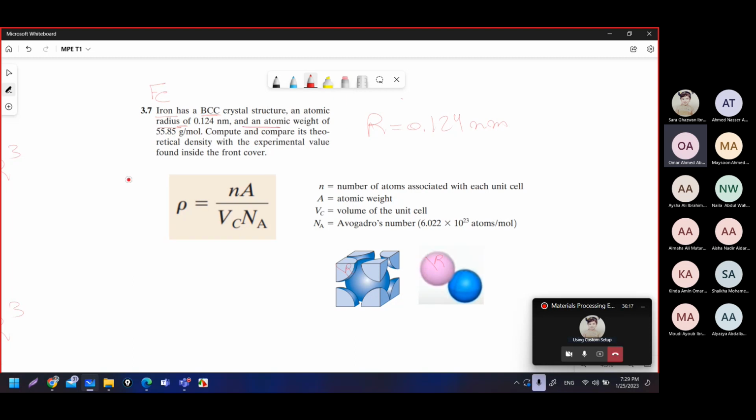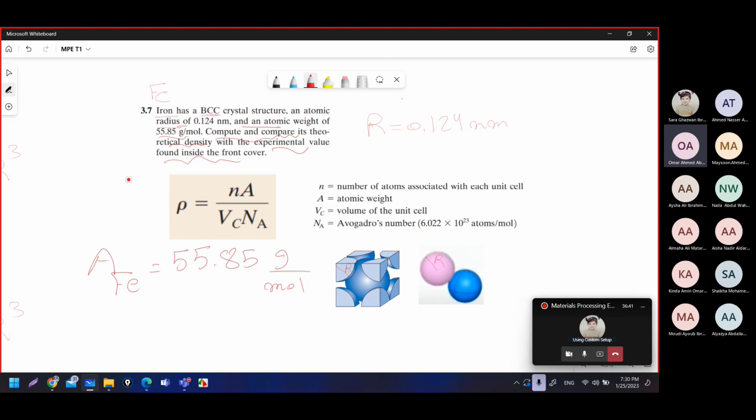And an atomic weight of 55.85 gram per mole. So the atomic weight or the molar mass for Fe is equal to 55.85 gram per mole. Compute and compare its theoretical density with the experimental value found inside the front cover.